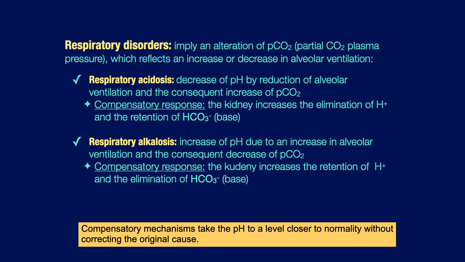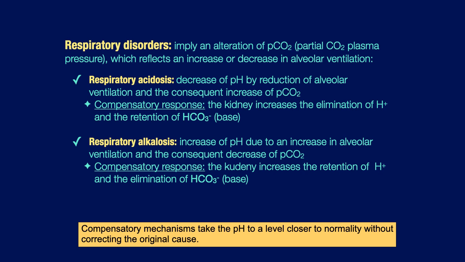So in these cases, we can develop respiratory acidosis, which is a decrease in pH by a reduction of breathing and the consequent increase of CO2. And this will be compensated by the kidney, not the lungs, because there's a problem in the lungs. So only the kidney will compensate, increasing the elimination of protons, of hydrogens, and trying to retain as much bicarbonate as possible.